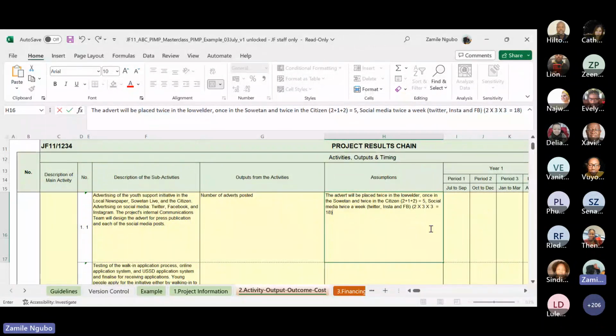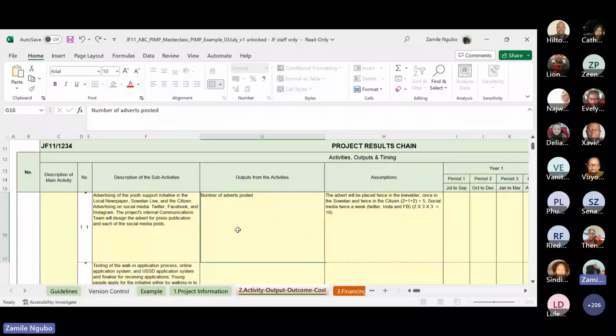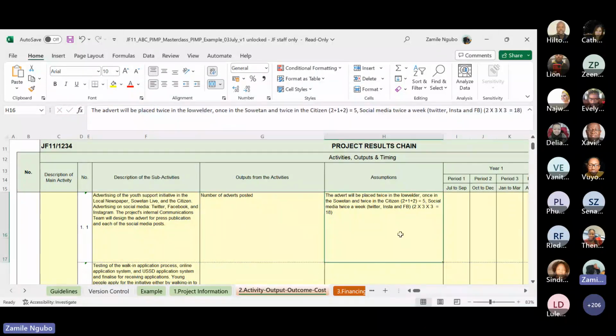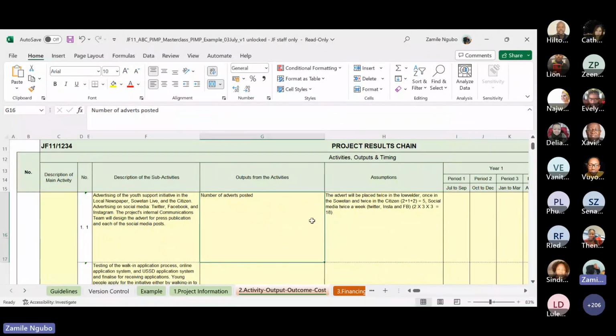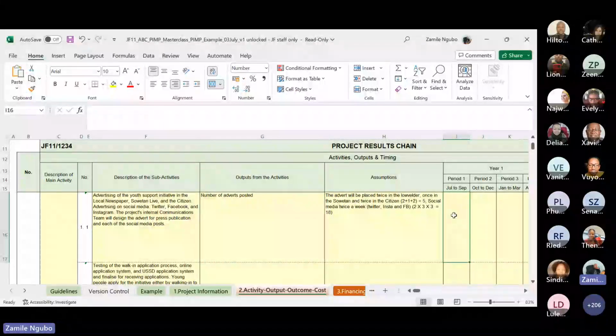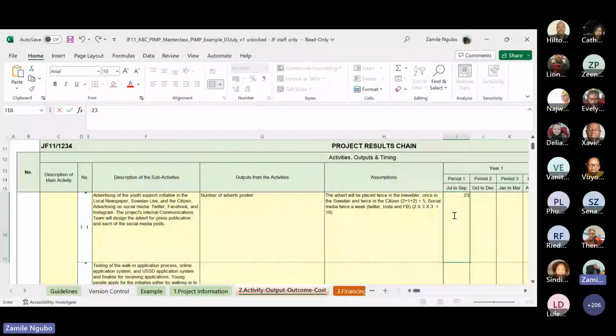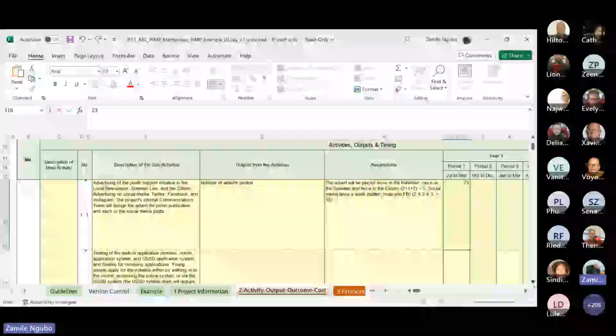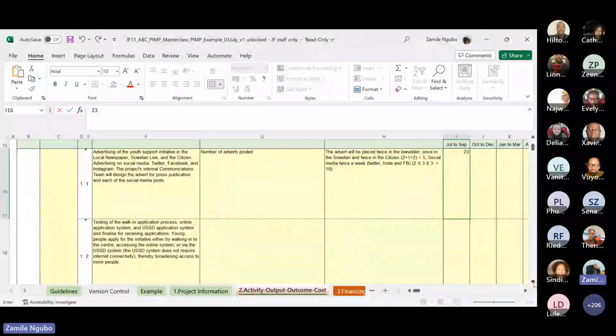Now, adding all these, we will have a target of 23. So this must be achieved in the first period of implementation because this is the recruitment drive. So we need to select from the pool of the applications that we'll be receiving from the applicants, seeing the opportunity through these various mediums of communication.